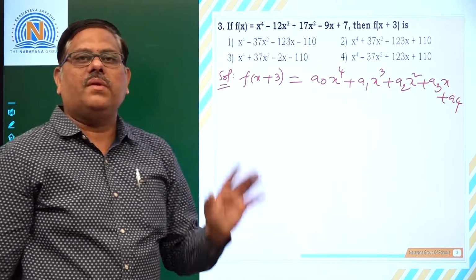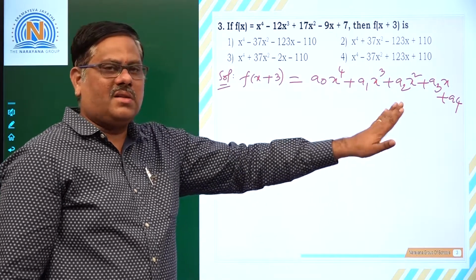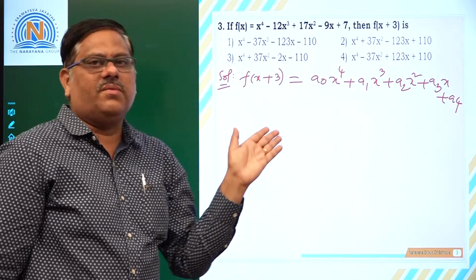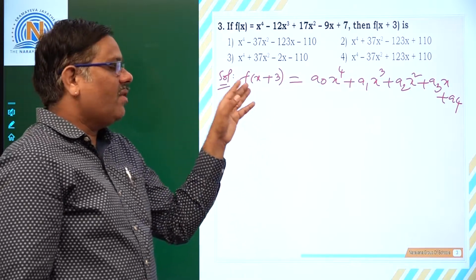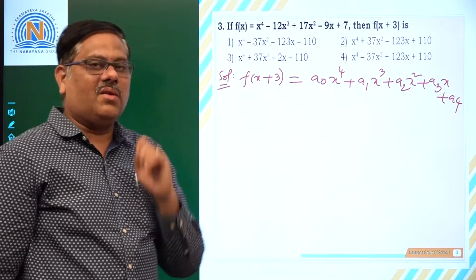Only what changes we can observe? The coefficients will be changing. X power 4, x cube, x square, x will remain as they are. Only the coefficient of each term will change. Our target now is to find the coefficients of these terms. For that, what to do?